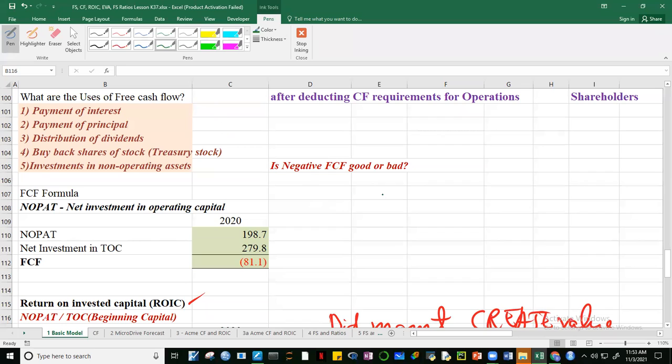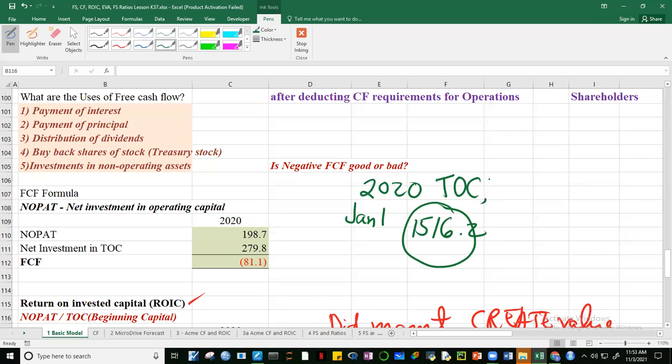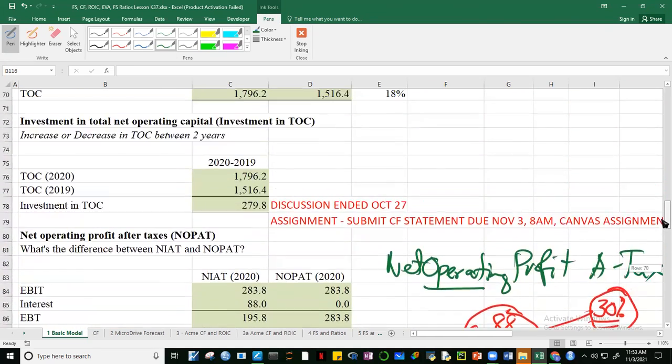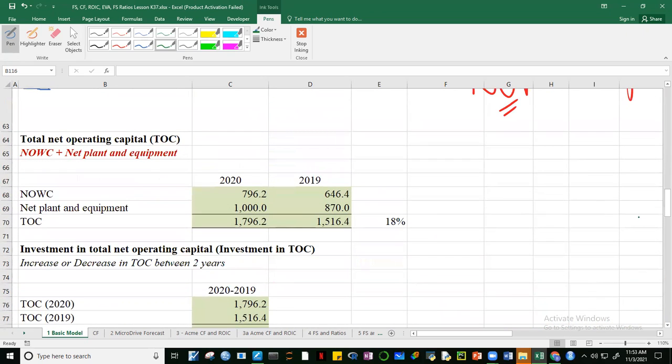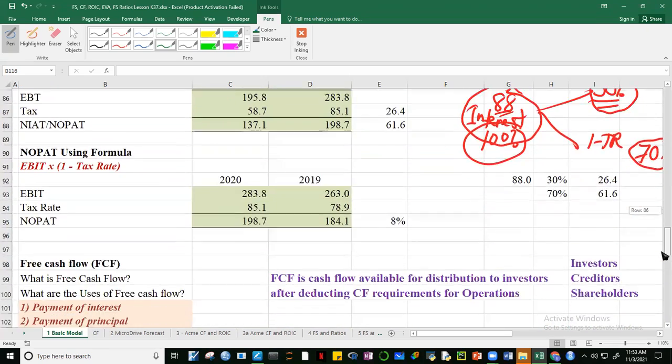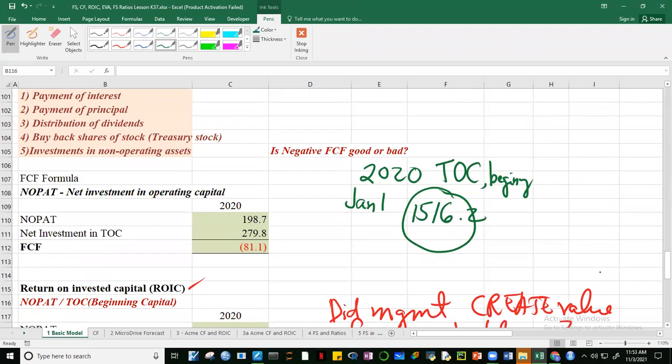Okay, so in 2020, which is the current year as far as Advanced Technologies is concerned, on January 1, management was provided with the firm's operating capital, TOC, at the beginning of 2020. Let me check. Yeah, 1516.4, sorry. 1516.4.